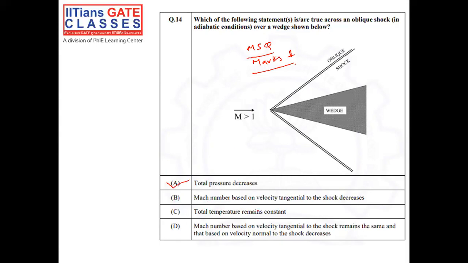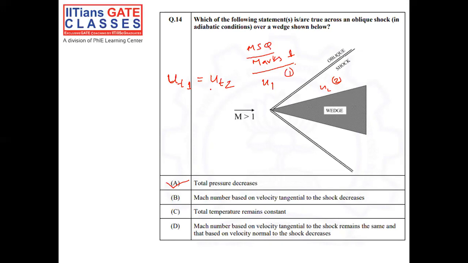Second option, Mach number based on velocity tangential to the shock decreases. As we know, the tangential component of the velocity across the oblique shock remains constant, right? If the upstream of the shock is noted as 1 and downstream is 2, then Ut1 will be equal to Ut2.